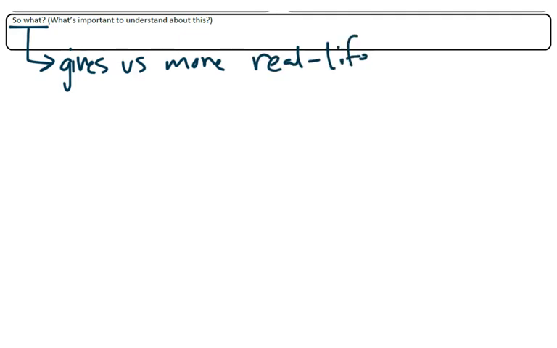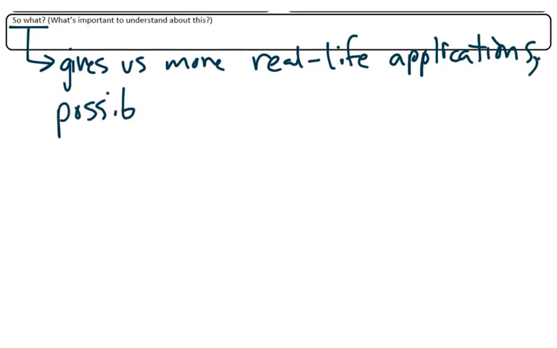So linear and exponential give us more real-life applications, I guess, would be the main thing. If we strictly were with arithmetic and geometric, we don't have all those real-life possibilities.